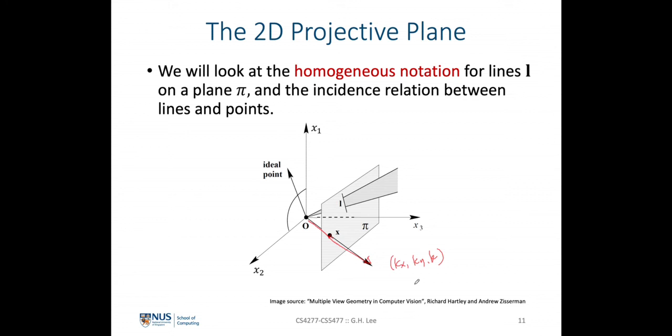And we'll see that a 2D line on a plane, which we denote as L over here, is represented by a plane because it projects to become a plane in the projective space. A plane can be represented by its normal vector. So the representation of a line, geometrically, is the normal vector of the plane that is projected from this particular line.